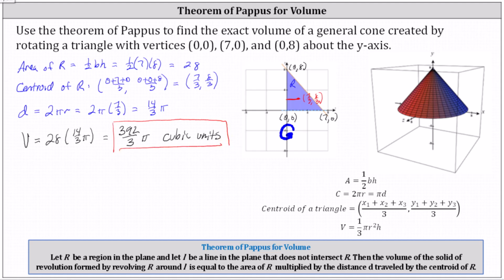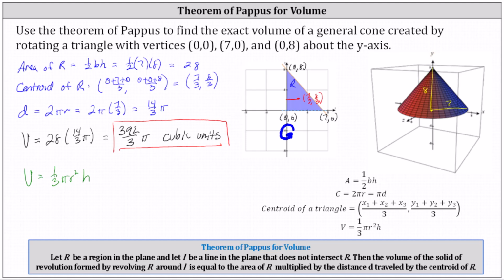Let's verify this result using the volume formula for a cone, which is the volume V equals 1/3 times pi r squared times h, which is really 1/3 times the area of the base times the height. So looking at the cone on the right, notice the radius r of the base would be 7 units, and the height would be 8 units.